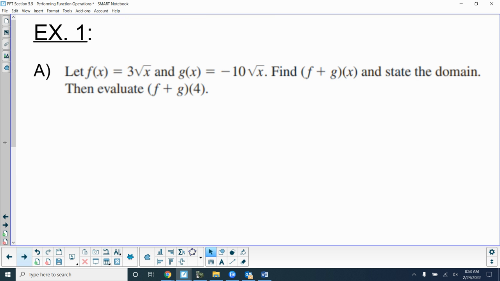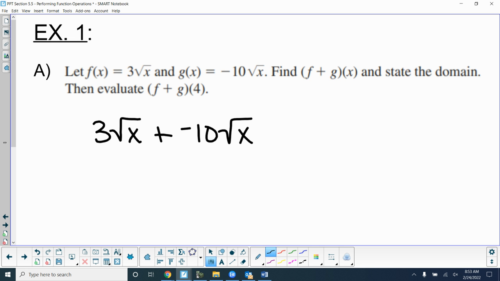All right, so here's one. F plus g. So this would be f, which is 3 times the square root of x, plus g, which is negative 10 times the square root of x. All right, so are they like terms, first of all? Yes, so can I add those?